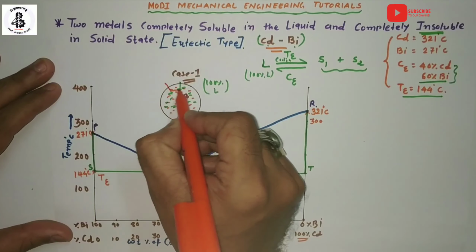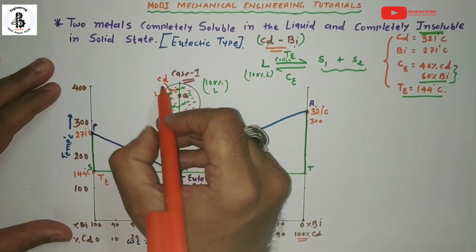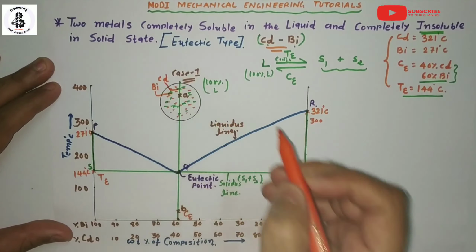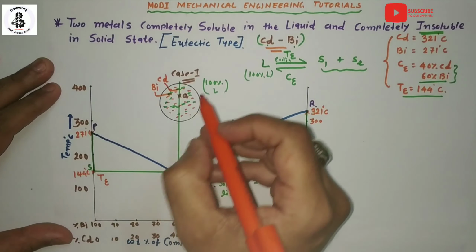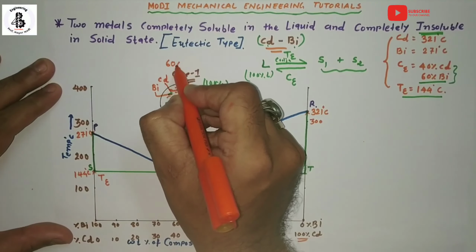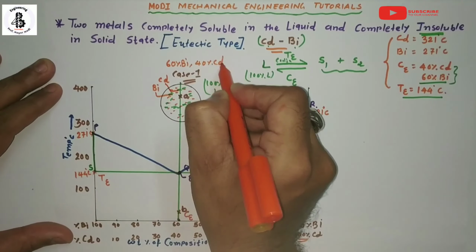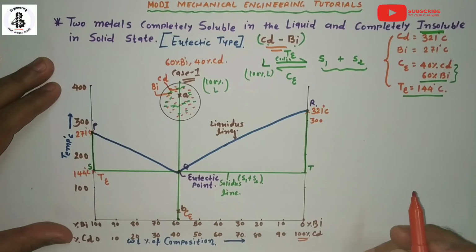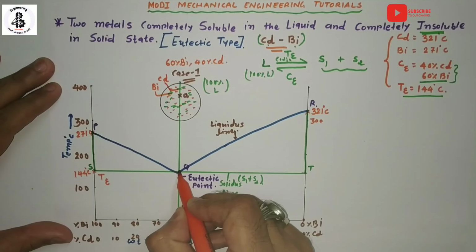So this is cadmium, and this green will act as bismuth. How much percentage? Around 60% of Bi and 40% of cadmium.